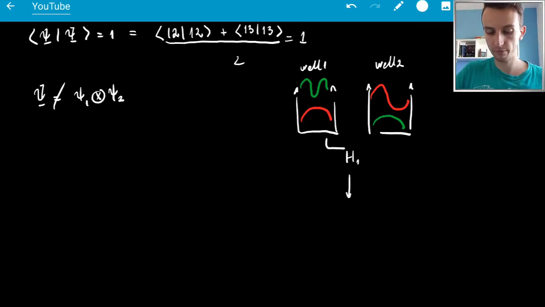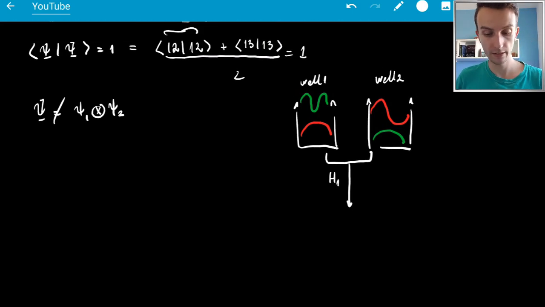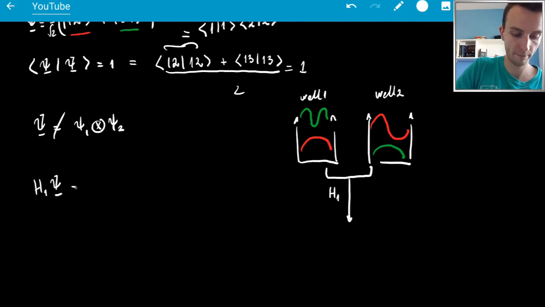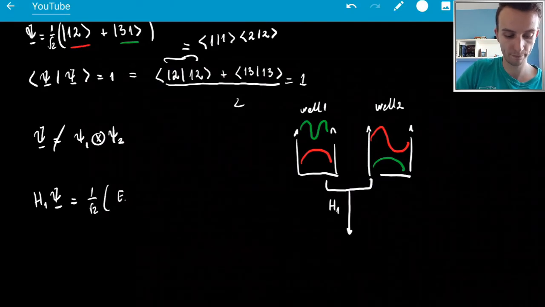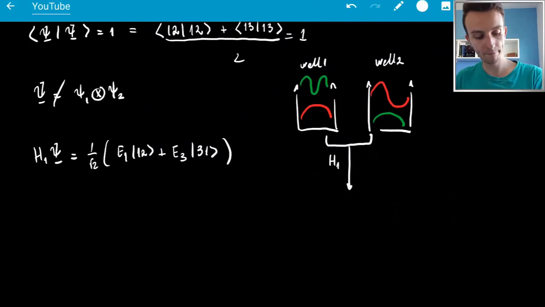We measure H1. If I measure H1, it means I'm measuring energy in this well. And so H1 psi is 1 over square root 2 times E1,1,2 plus E3,3,1.